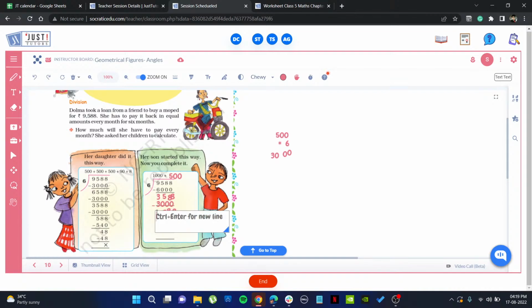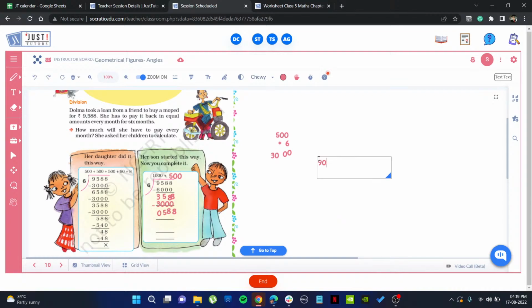And 3 take away 3 gives us 0. So we get 588. Now again we will be doing the same thing. We should think of a number so that if we multiply it by 6, we get a number near to 588, but make sure that it is less than 588. So what could be that number?